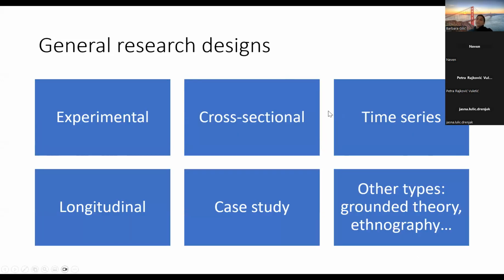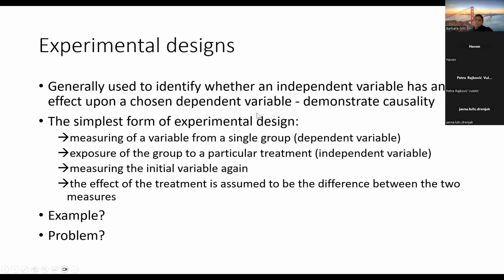There are 6 general research designs, and there are many more. The first ones are experimental, cross-sectional, time series, longitudinal, and case study. I will just briefly cover a few of them for you to gain knowledge about those different types of research.